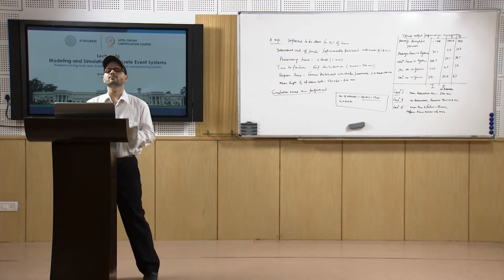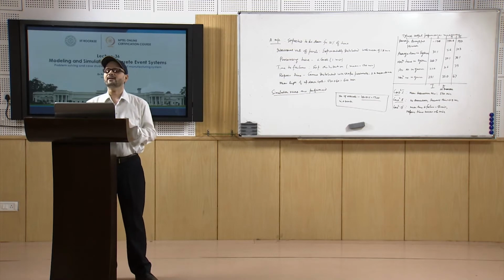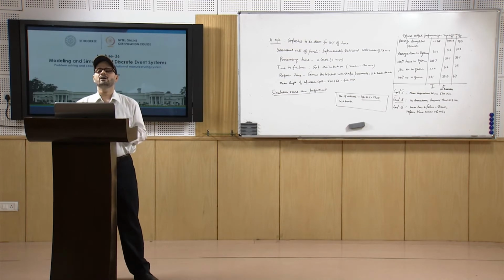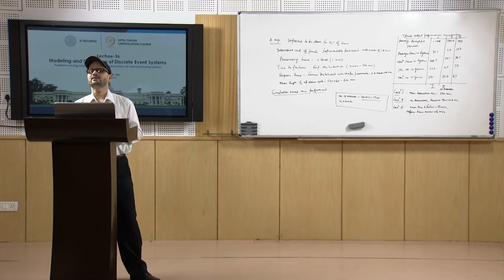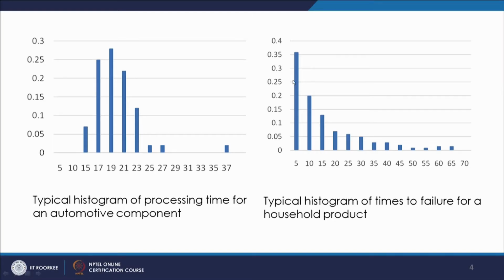What happens in the case of the earlier one, the time to failure, if you try to draw the exponential curve?